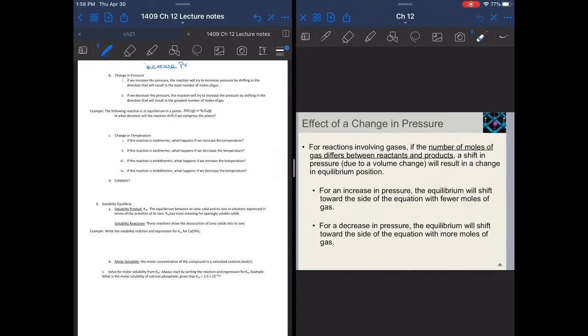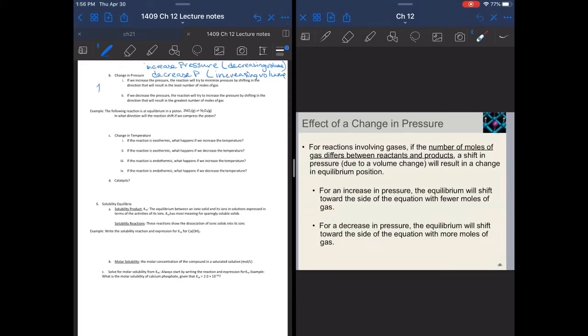Increasing pressure, you can make that happen by decreasing volume. You give those gas particles less room to bounce around. You can decrease pressure by increasing the volume, giving more space. So keep that in mind as we talk through this.